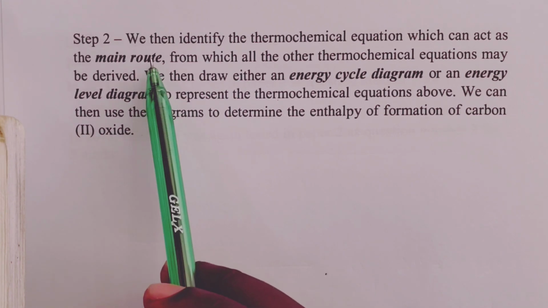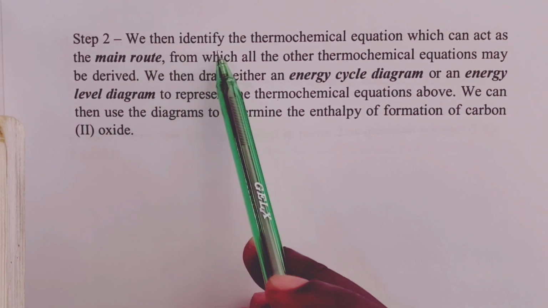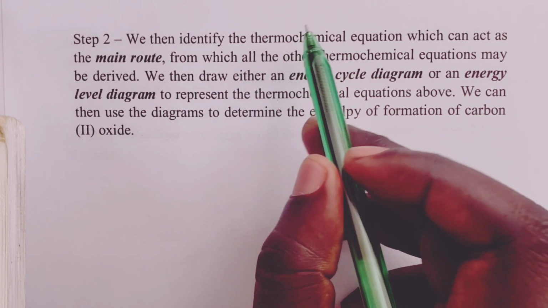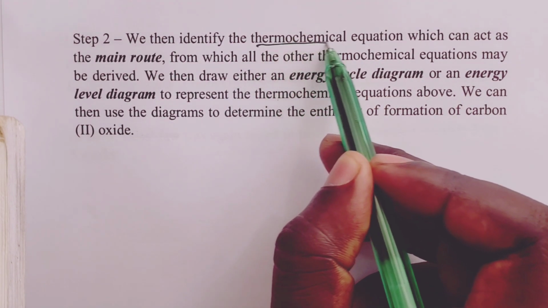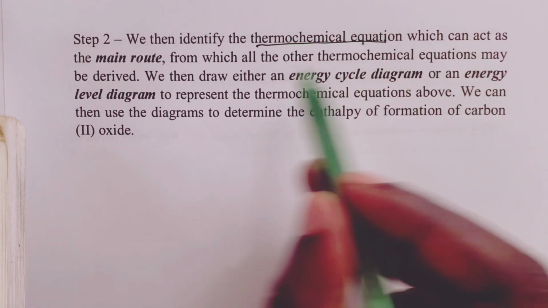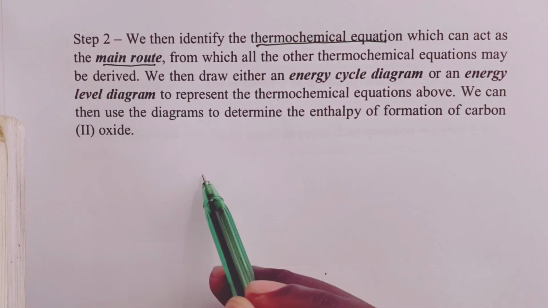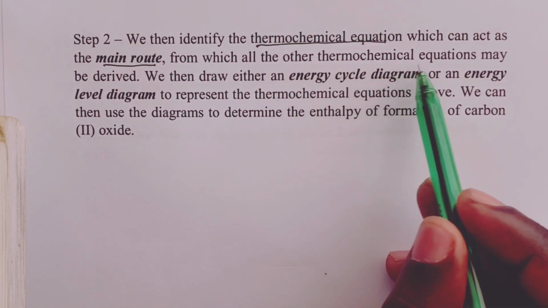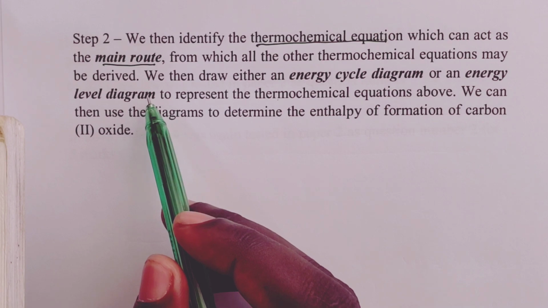In step 2, we will identify from the 3 thermochemical equations that we have the thermochemical equation which can act as the main root from which all the other thermochemical equations may be derived.